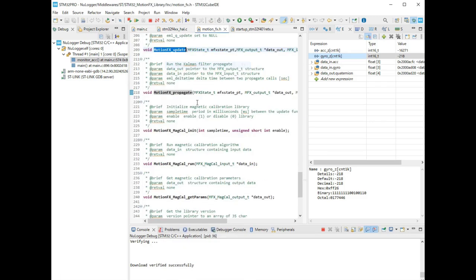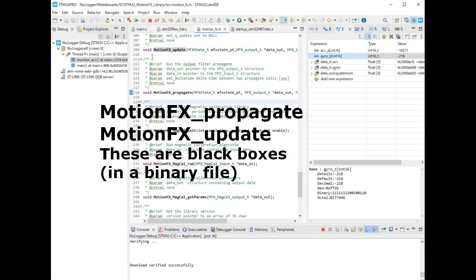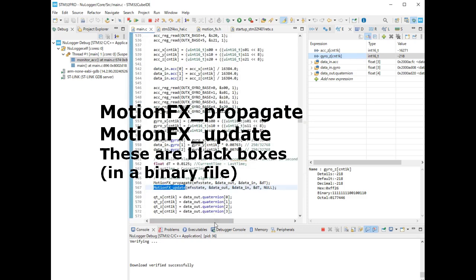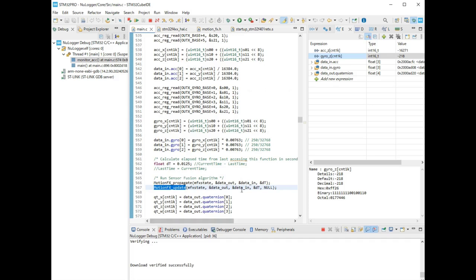And we cannot see the function inside because they are provided as binary files. And this is the input of the function, and this is the output.